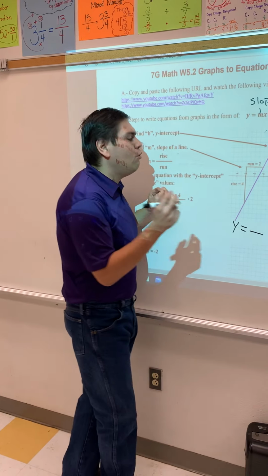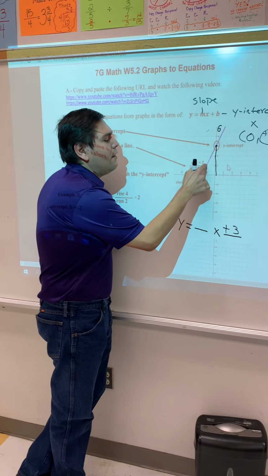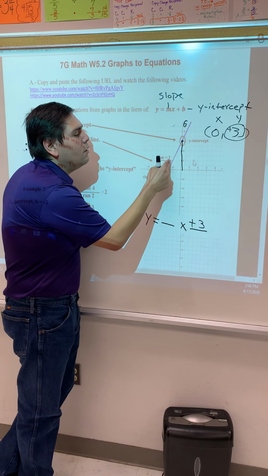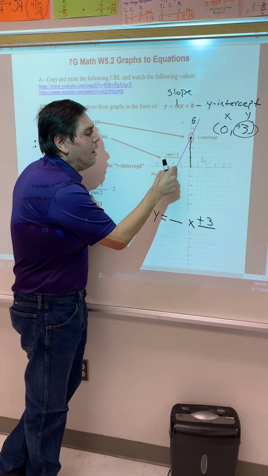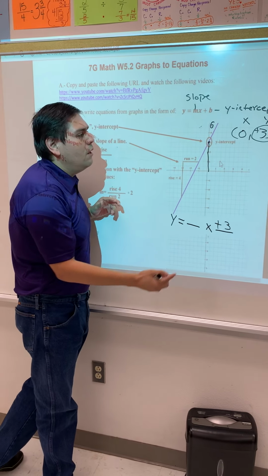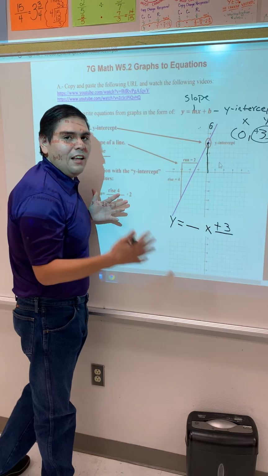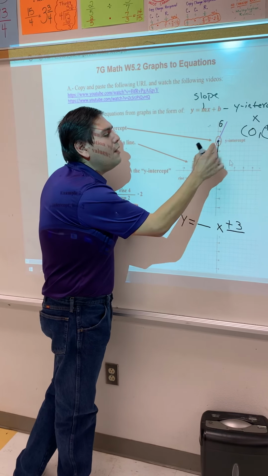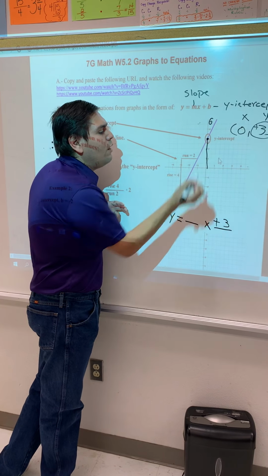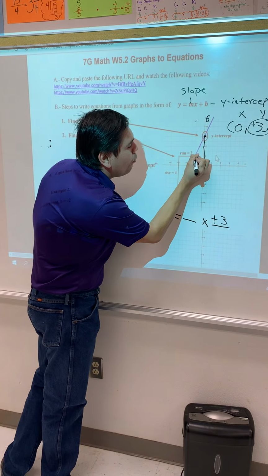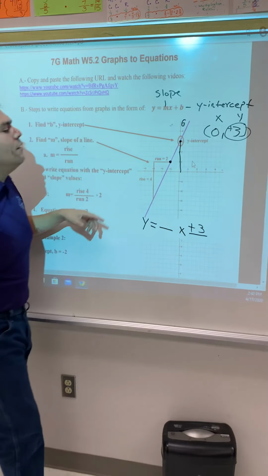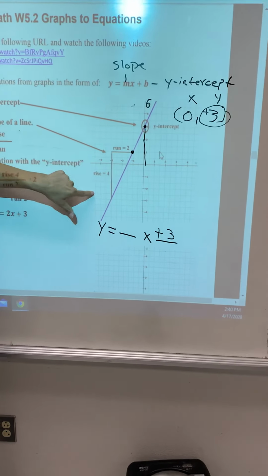You need to find 2 points that the line goes through in any single cell that you see from the graph. So since you see the example going from these 2 points right here, to make it easier on you guys, I'm going to use the y-intercept as one of those points, and I'm going to use this point right here. That's the second point they use for the example.